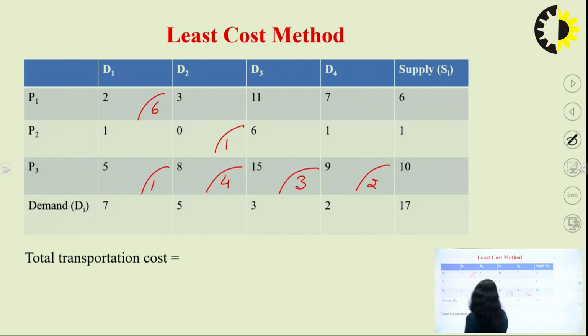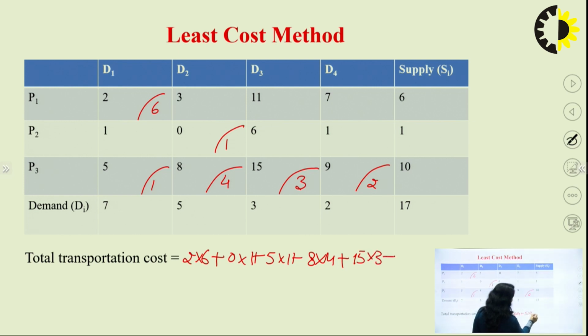So, for the transportation cost, we will multiply 2 into 6 plus 0 into 1 plus 5 into 1 plus 8 into 4 plus 15 into 3 plus 9 into 2.